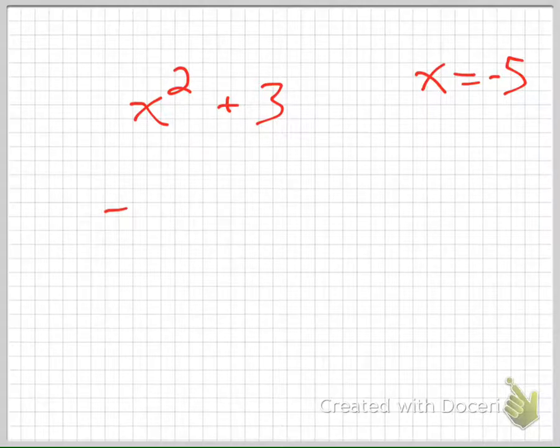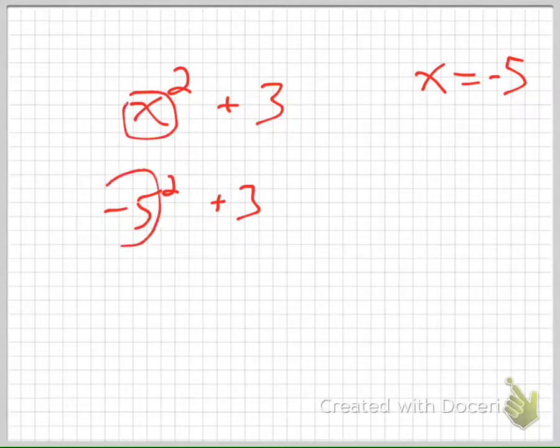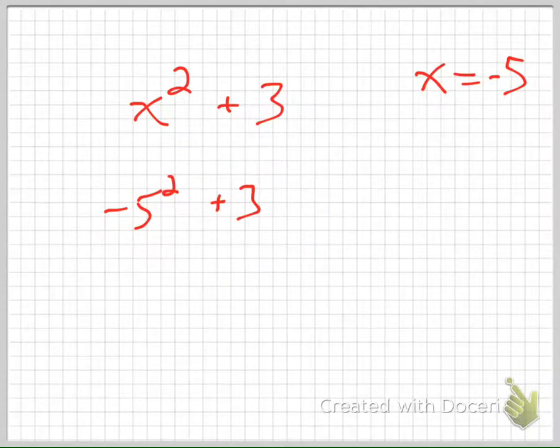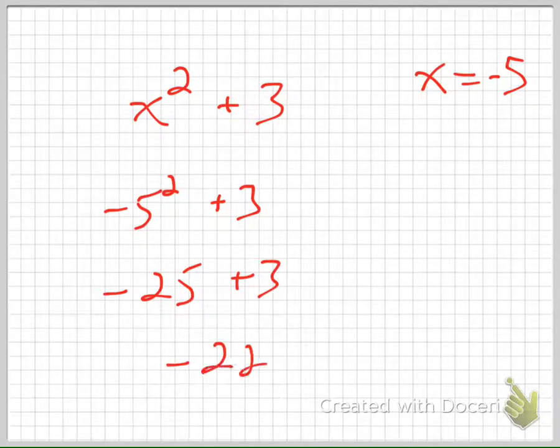You would be tempted to go negative 5 squared plus 3. Didn't I just replace x with negative 5? Isn't that what I did? And then you go, oh, okay, technically this would be negative 25 plus 3, which is negative 22.